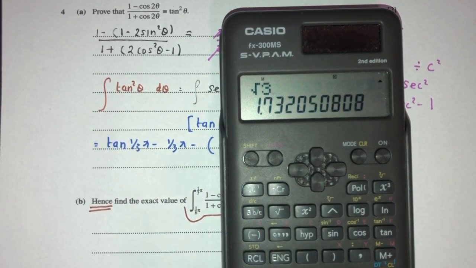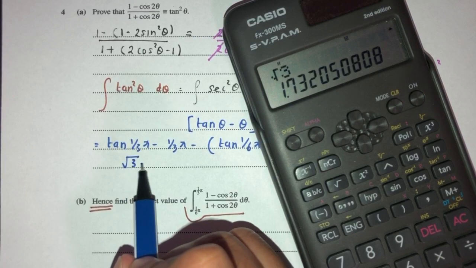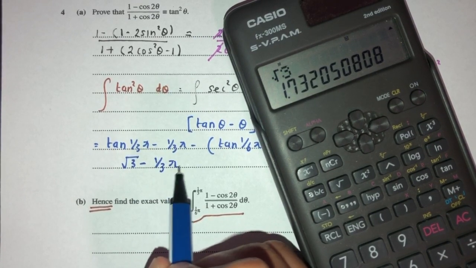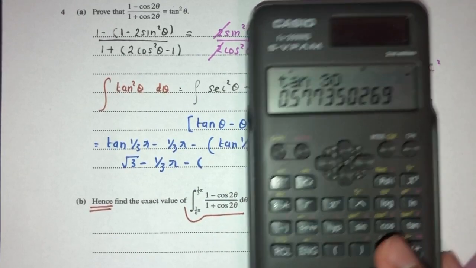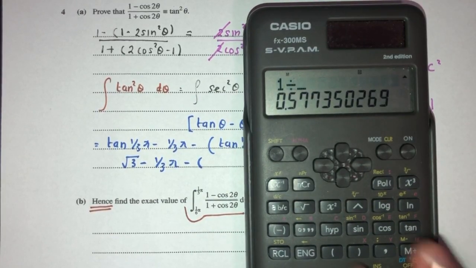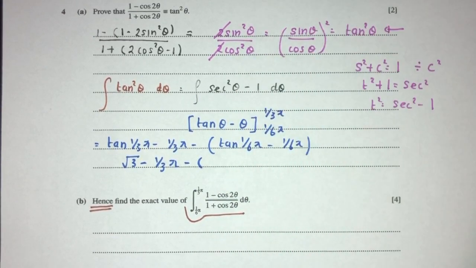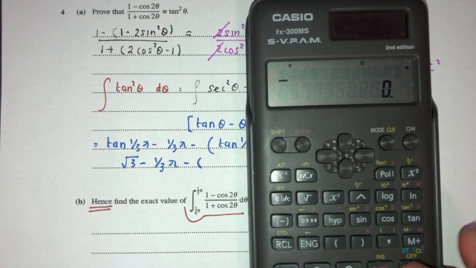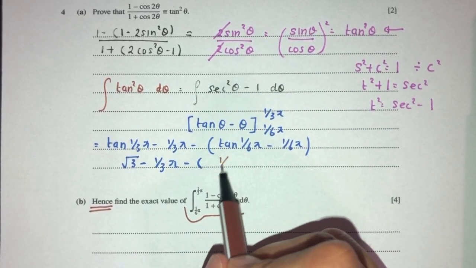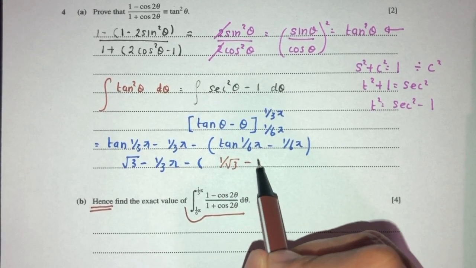Root 3 minus 1 over 3 pi minus, now we have tan of 30. That is what? That is 1 divided by root 2? I don't think so. So let's try. Again, I think your calculator nowadays knows the value exactly, so it should be pretty easy for you. It is 1 divided by root 3, right? Yeah, indeed. So yeah, you can see it is one of those values. Then minus 1 over 6 pi.